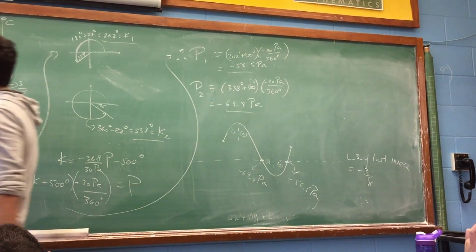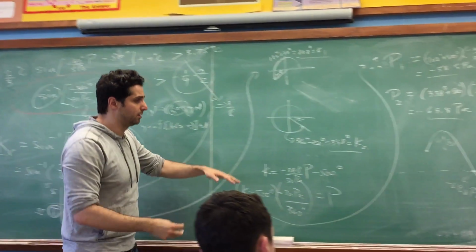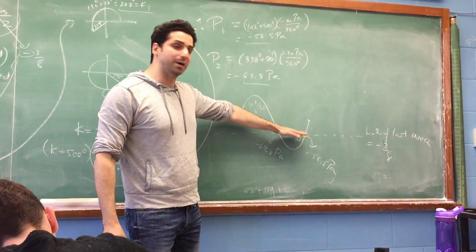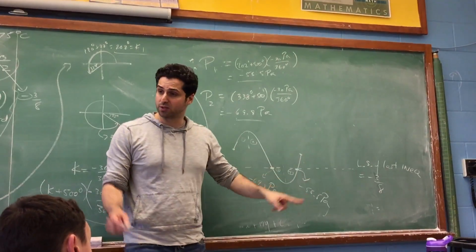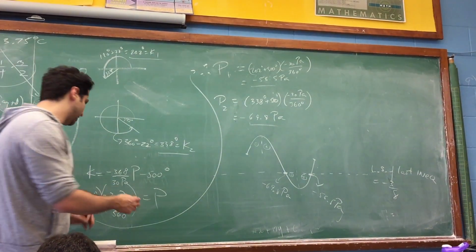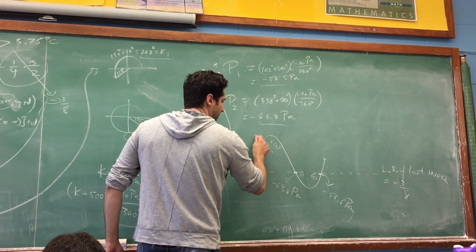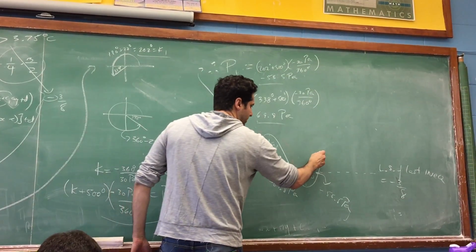We want to know when this thing is bigger than minus 3 over 8, when it's above. These 2 points correspond to when it's bang on minus 3 over 8, right? Do we agree that our solution lies over here and over here?